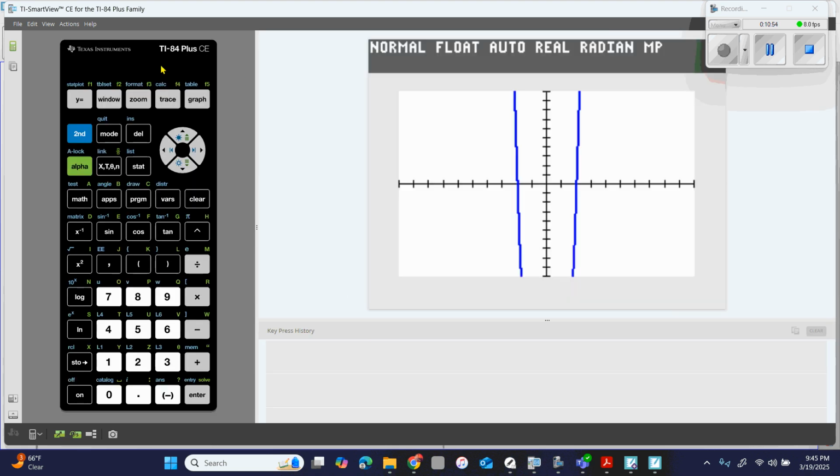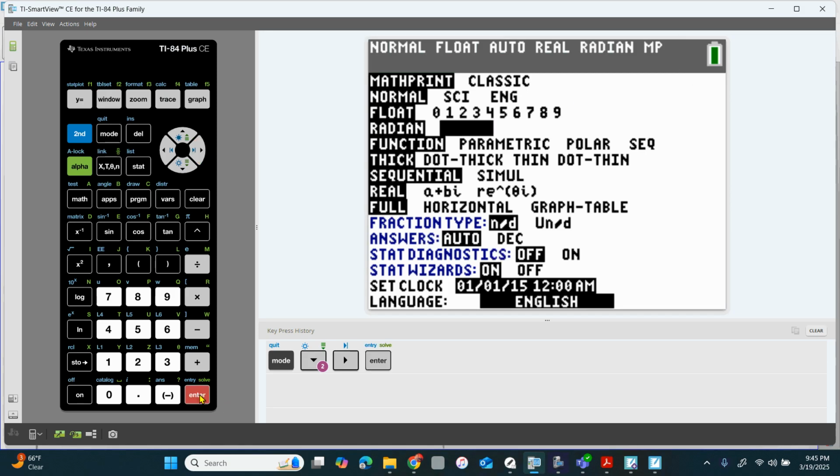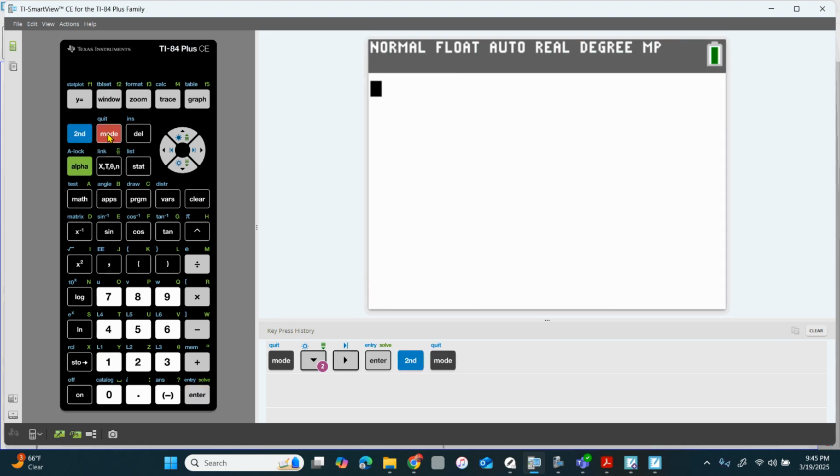To do that, you hit this mode button right here, and if you look down, right now it's in normal. Where it says radian, and to the right of that it says degree. My calculator is not in degree mode right now. So what I'm going to have to do is hit enter, so that degree is highlighted. All right, so we're just going to get out of that.